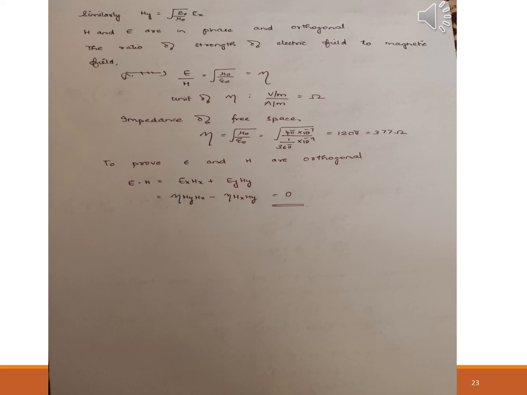Then we spoke about several constants: the attenuation constant, the propagation constant, the phase constant, and the intrinsic impedance. Particularly for the uniform plane wave, we have also proved how E and H are mutually perpendicular to each other and how eta is equal to root of mu 0 by epsilon naught.